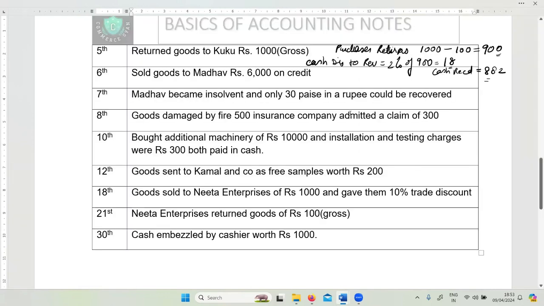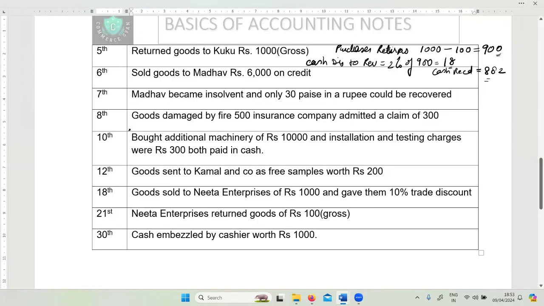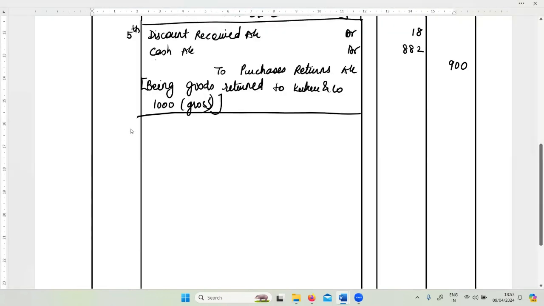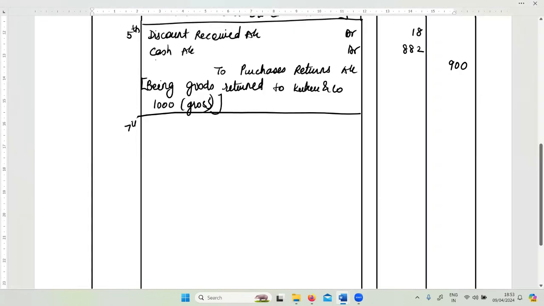Next is on 6th. Now what is happening? On 6th, we are selling goods to Madhav of 6,000 rupees worth on credit. This is a very simple transaction, sales transaction on credit. So on 7th, we have Madhav's account debit. Madhav is the receiver of the goods. Madhav's account debit to sales account.